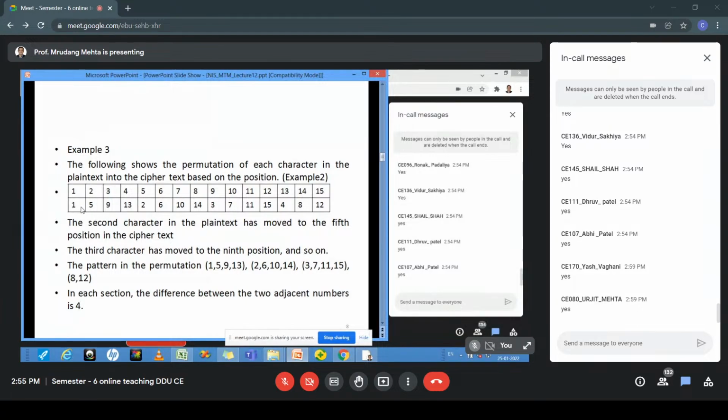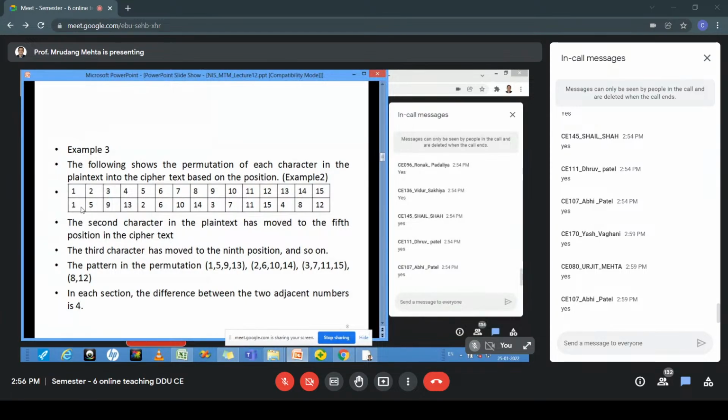Okay. So let us consider the fourth example. Alice and Bob have agreed to divide the text into groups of 5 characters and then permute the characters in each group. So your text is divided into blocks, the group size is decided, and then the permutation is applied on that group.